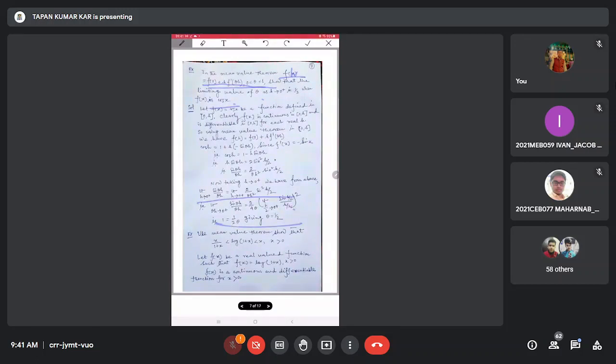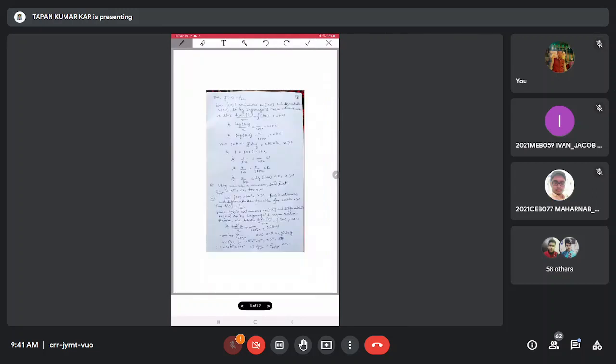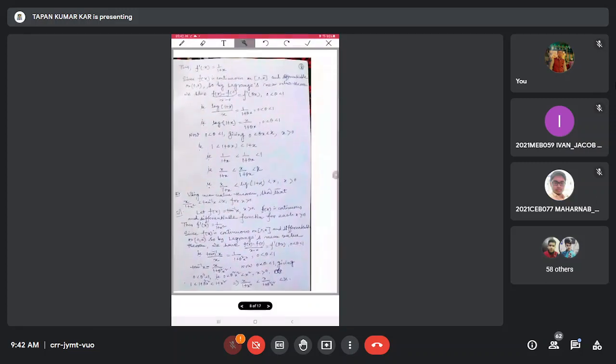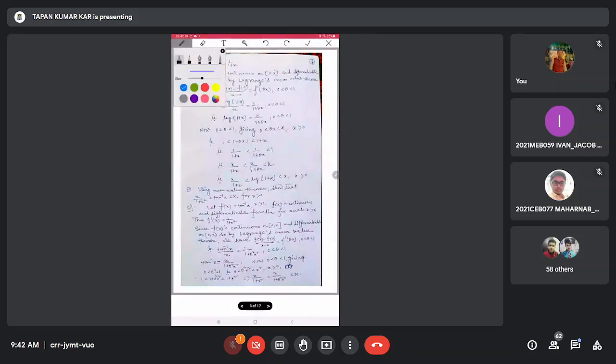Similarly, some more examples are solved here. Inequality here also. The interval is this: x/(1+x square) is less than tan inverse x, which is less than x, for x greater than 0.